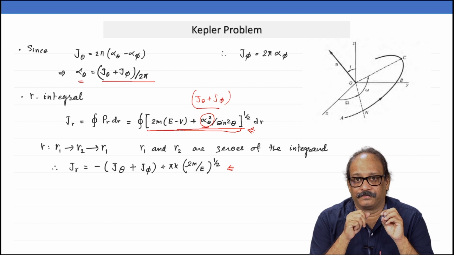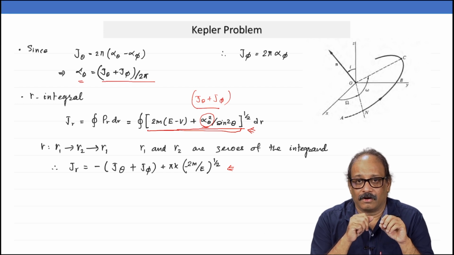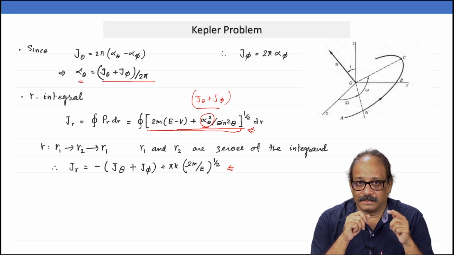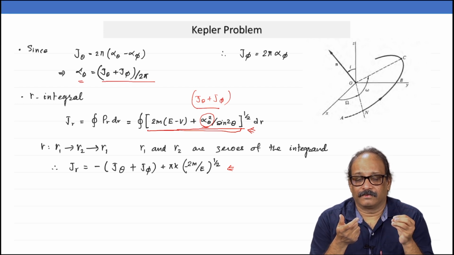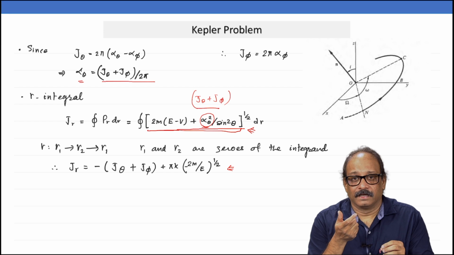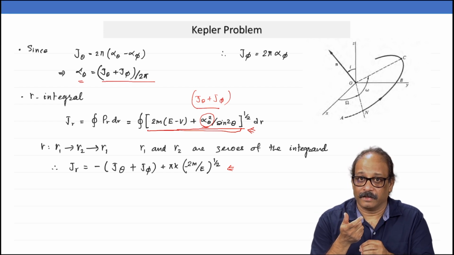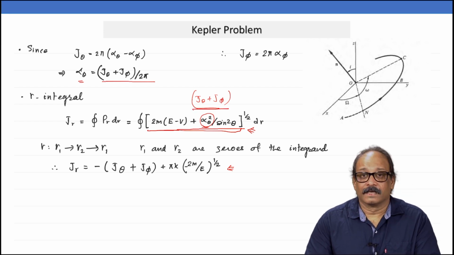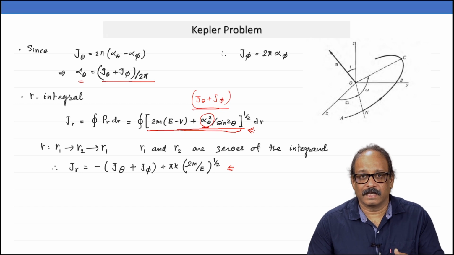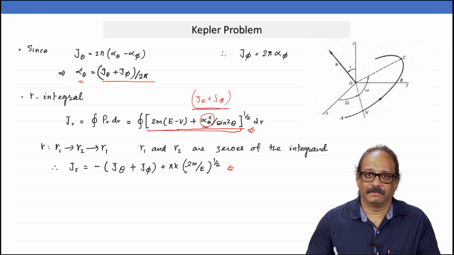And now, the frequency of the rotation of the phi angle and the oscillations of theta are given by the derivative of H with respect to j phi and the derivative of H with respect to j theta respectively. But if you look at this expression for H, since they appear exactly in the same way, these two frequencies will be equal.